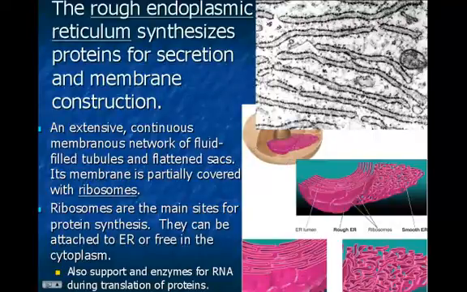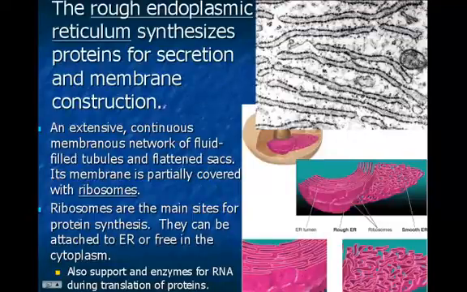So let's go ahead and talk about some of the... we're going to come back to the outer portion of the membrane when we talk about things later on in the lecture that move into and out of the cell. But right now, what we're going to talk about is some of the organelles of the cell.